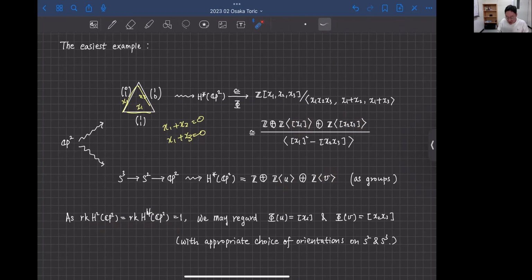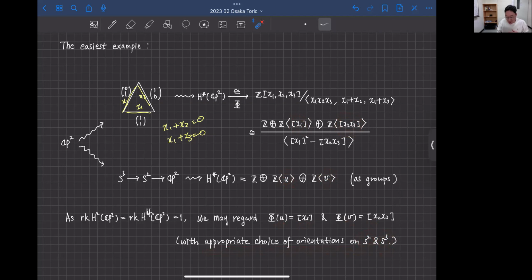Of course, we can think of the sign convention, but let me skip that complicated part. Let's just assume that U corresponds to this element and V corresponds to this element, with some appropriate choice of orientations of S2 and S3.